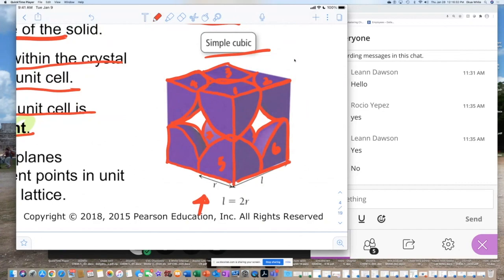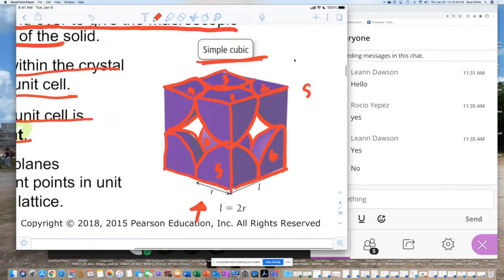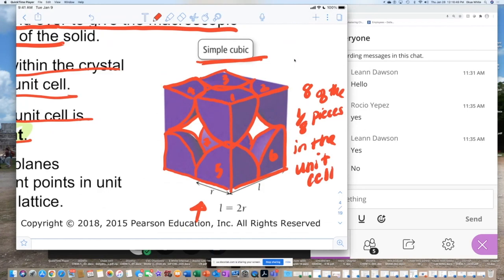This arrangement here is called simple cubic. In simple cubic, you have 8 of the 1/8 pieces in the unit cell. Okay, so when you're given a unit cell, you want to be able to recognize: is this unit cell simple cubic?